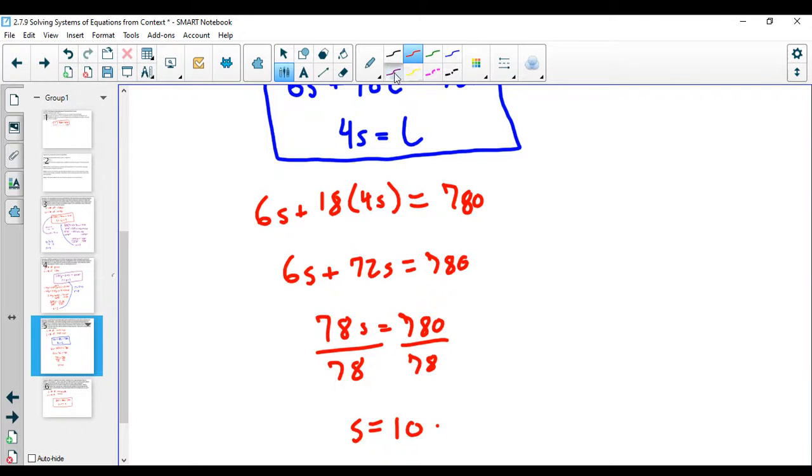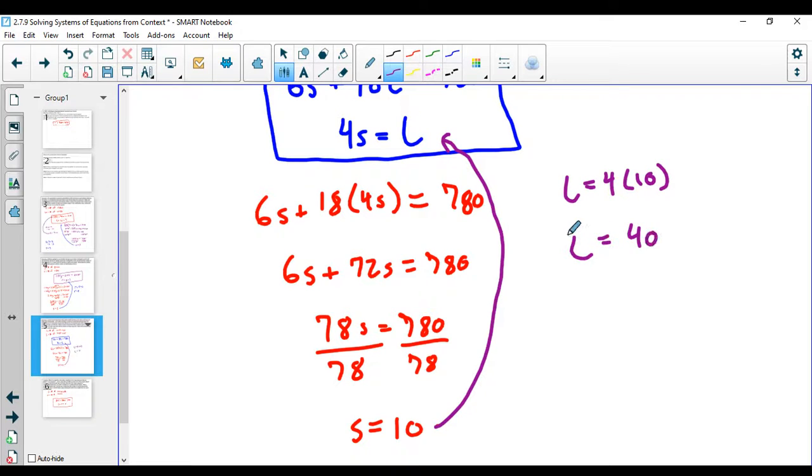We're going to plug that back into our equation up here. L equals 4 times S, which we just said was 10. So I found out that I've made 40 large cups and 10 small.